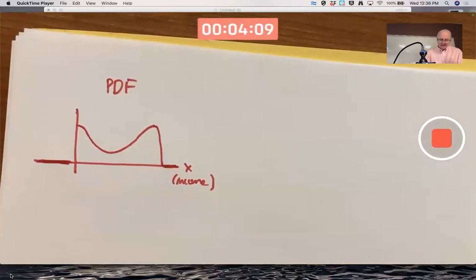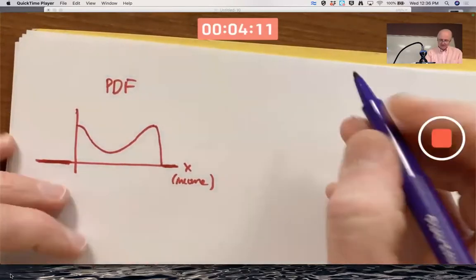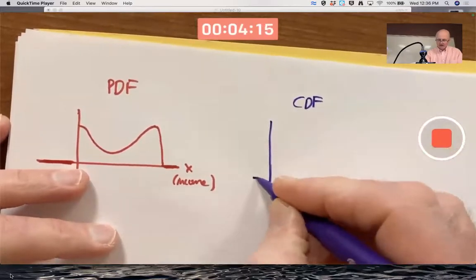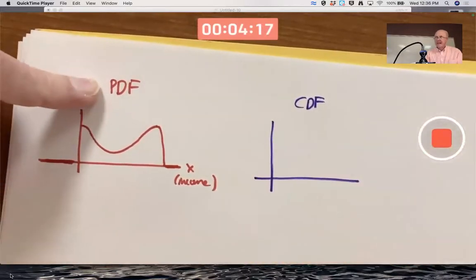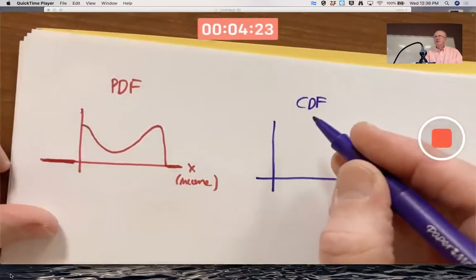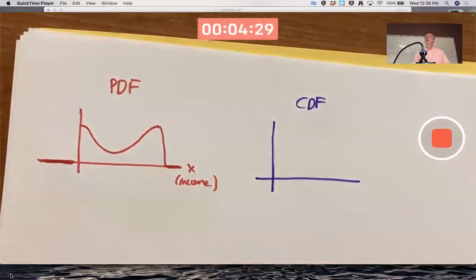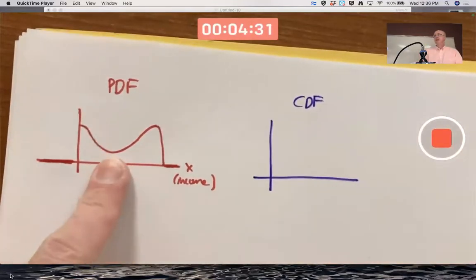What is the corresponding CDF? PDF stands for probability density function, or just density function for short. CDF stands for cumulative distribution function. Don't say density there, say distribution function. It is an integral of the PDF.